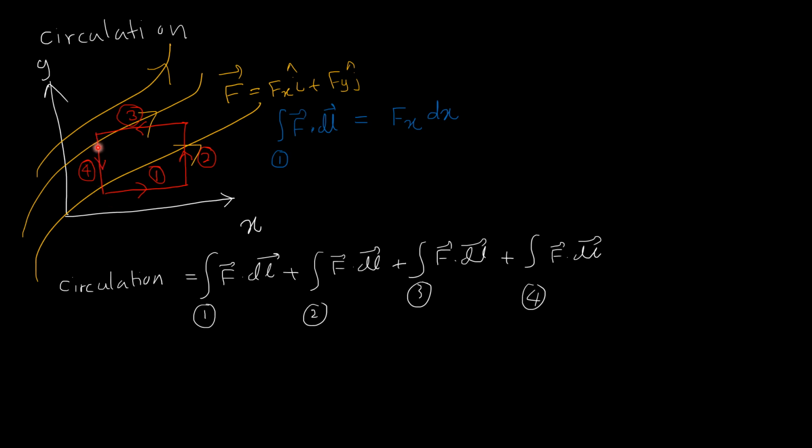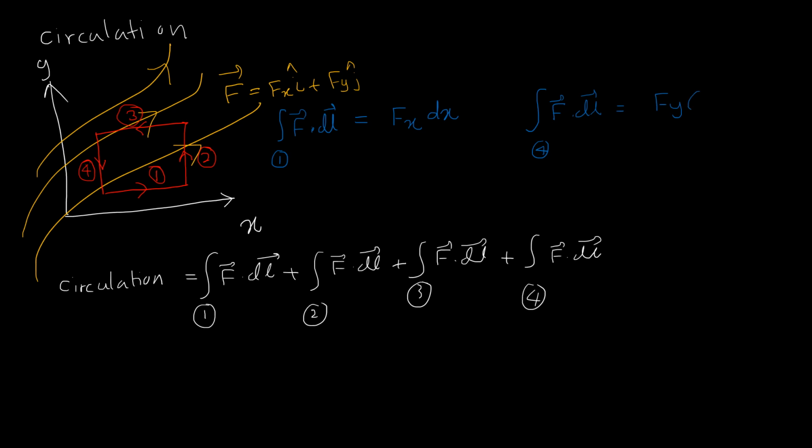Along path 4 there is no x component, so we are only integrating the y component of the vector field. So along path 4, F dot dl will be the y component of our vector field times dy.